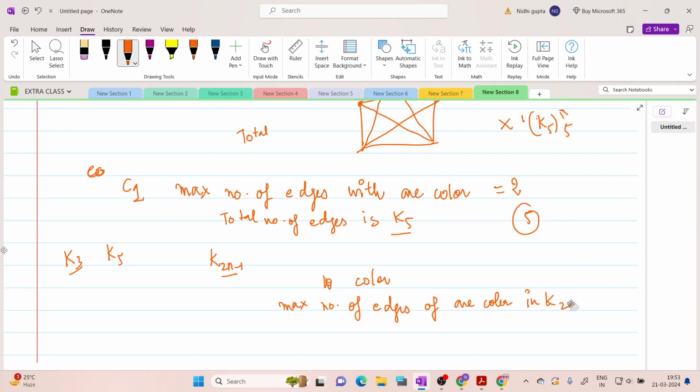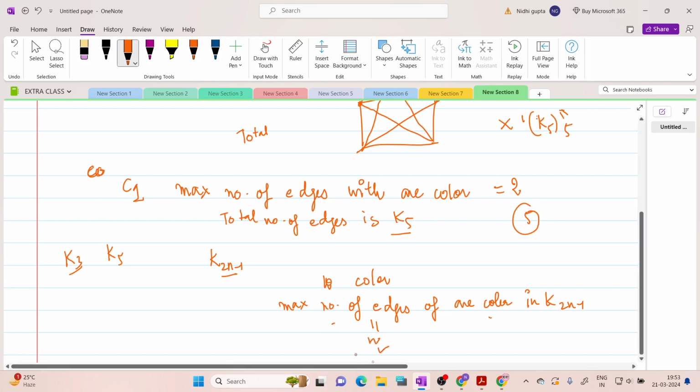It should be N. If you have N edges and no two edges have a common vertex, then we have covered 2n vertices. So the maximum number of edges of one color in K2n minus 1 is n.